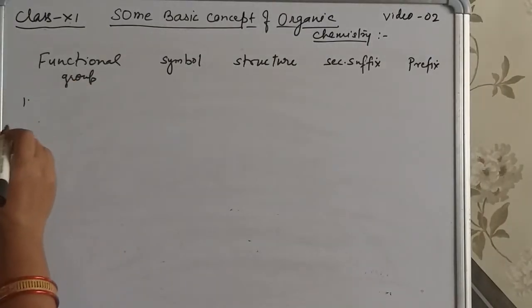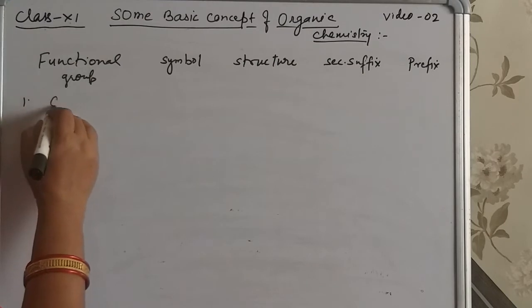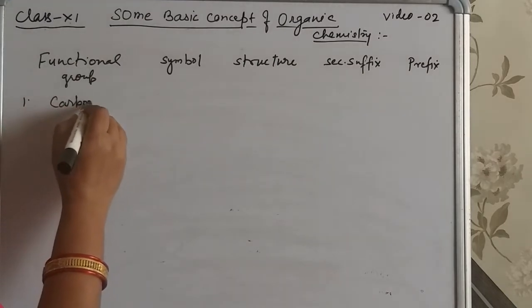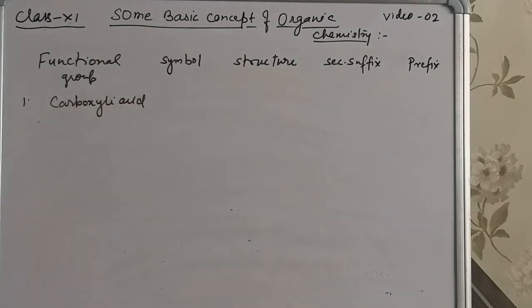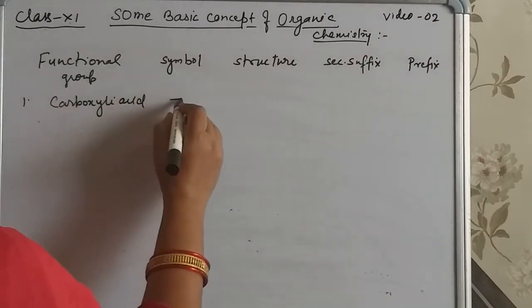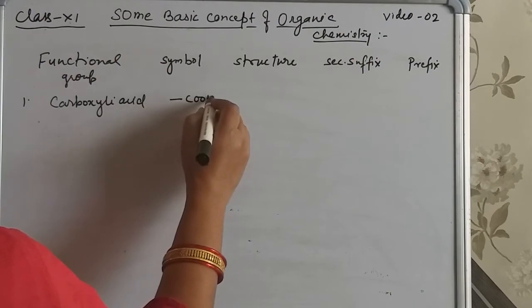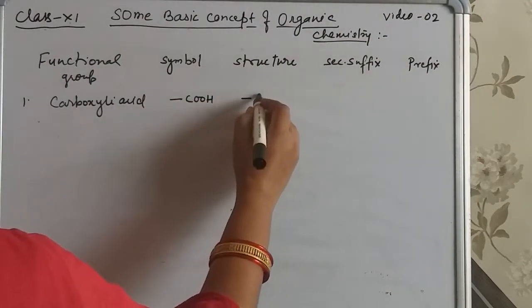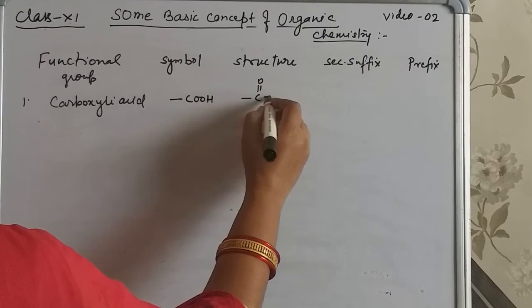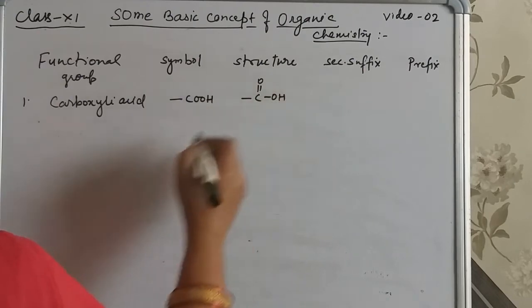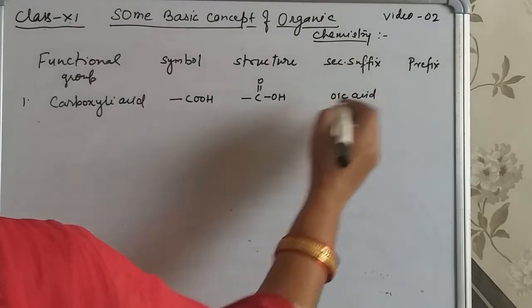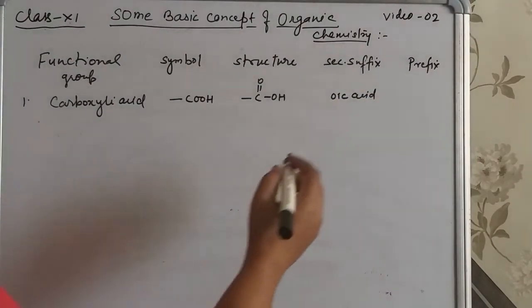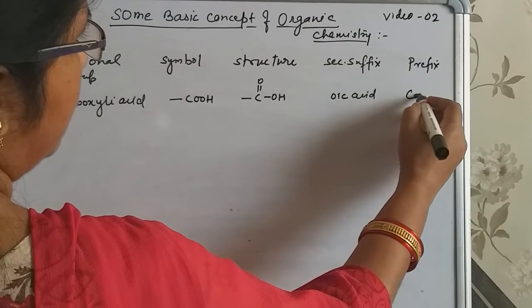Number 1, if the functional group is carboxylic acid, the symbol is COOH, and the structure is C double bond O and OH. Secondary suffix we use oic acid, and prefix we use carboxy.